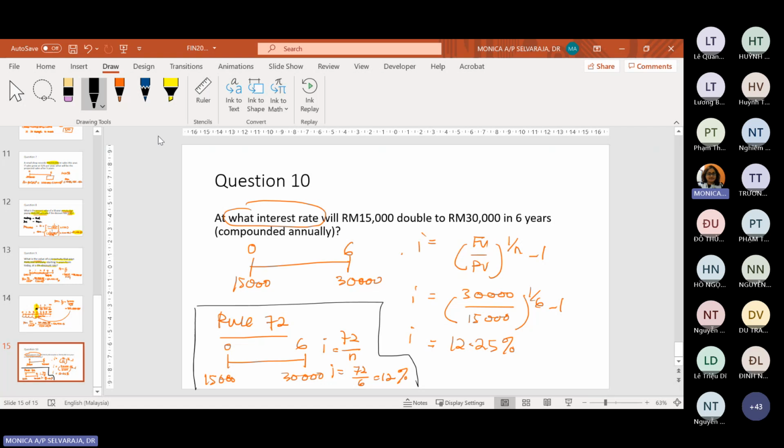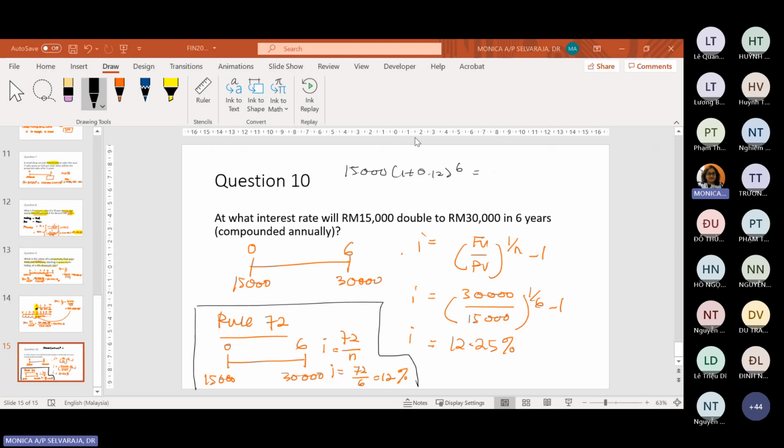If you use rule 72, you will get 12. But 12% is not accurate. Reason being, if I put 12% into this, I will not get 30,000. 15,000 times 1.12 to the power of 6.